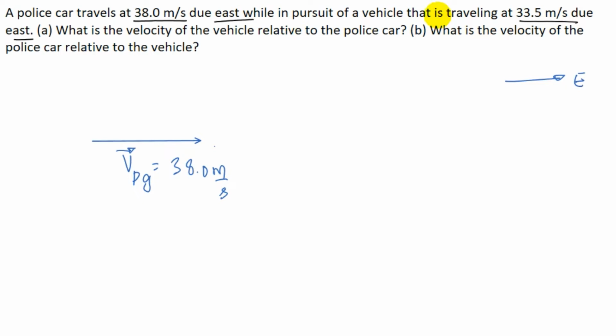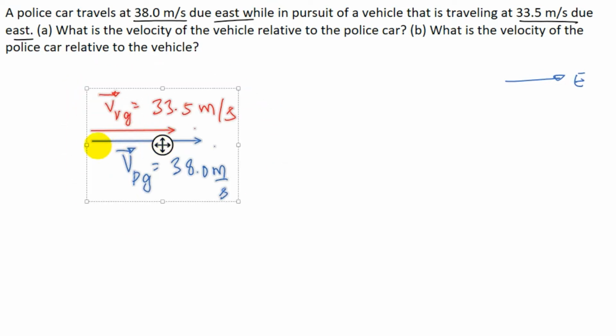Now next, the vehicle is traveling at a speed of 33.5, so we can represent it with a different vector. This is our velocity of the vehicle relative to ground, which we are given to be 33.5 meters per second. Now we need to solve two parts from this question.